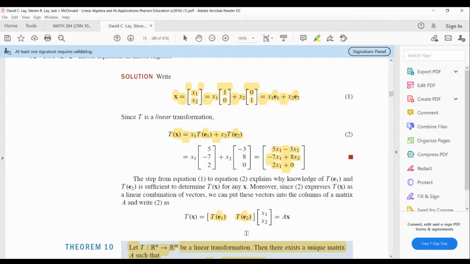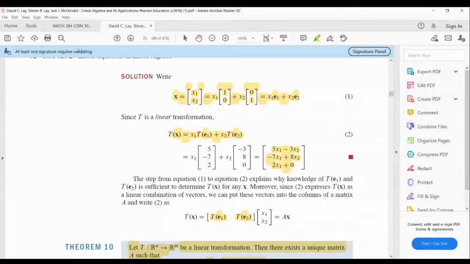Essentially, since any vector in R2 can be written as a linear combination of E1 and E2, once you understand the transformation of E1 and E2, that's going to form the column vectors of your matrix A, your standard matrix.